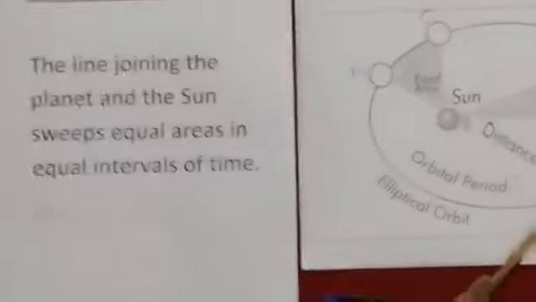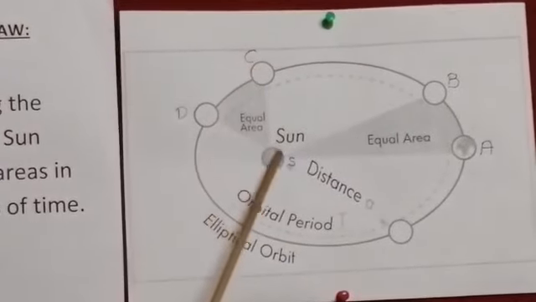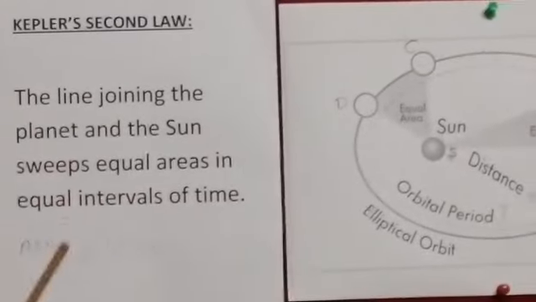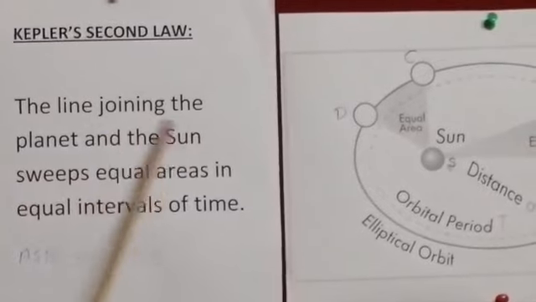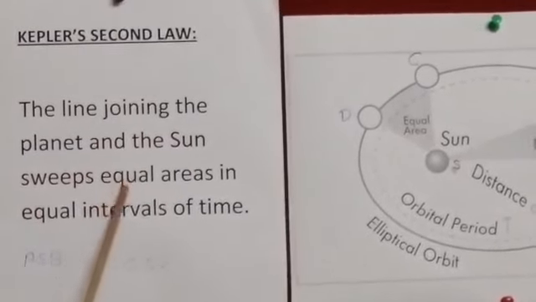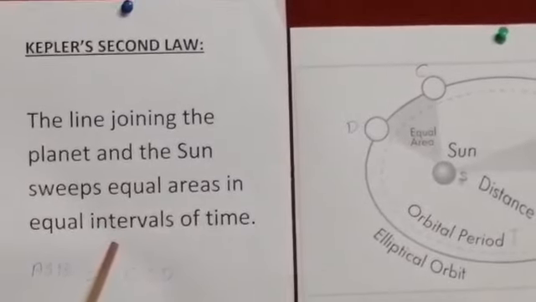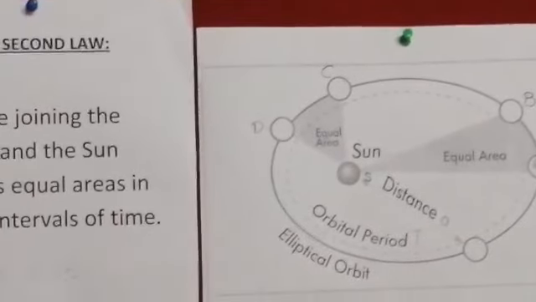The area covered by ASB will be equal to CSD. This was Kepler's second law. I will repeat the law. The line joining the planet and the sun sweeps equal areas in equal intervals of time. The time periods should be equal. When it covers equal intervals of time, it will cover equal areas.